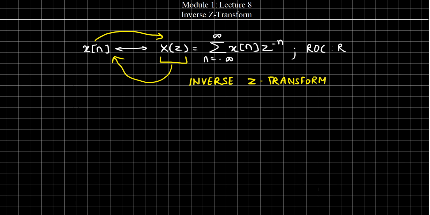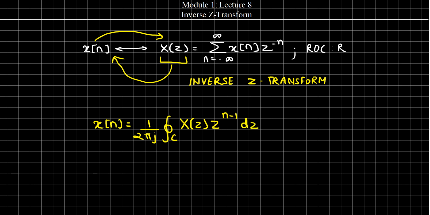The equation of inverse Z transform is given as x of n is equal to 1 upon 2 pi j integral over a contour c x of z into z to the power n minus 1 dz.